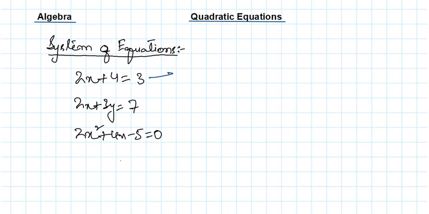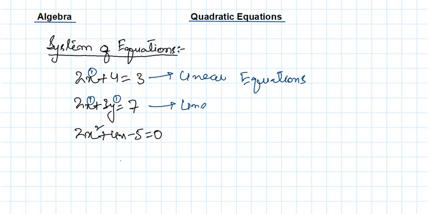Such equations are linear equations. These were the basic equations which we have done in our first lesson of equations. These are again linear equations because the highest power of the variable is 1 here and 1 here as well, so as 1 here. So what's the difference between the two equations?